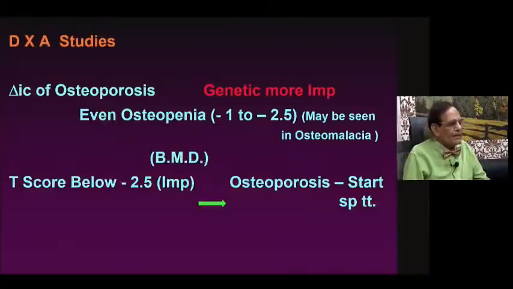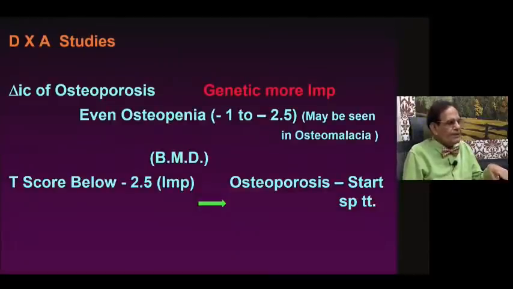That means your bones are a little weak. Even in osteomalacia you'll find these readings. But the moment you find that the reading is -2.5 or less than that, -2.7, -3, -4, this is all osteoporosis.